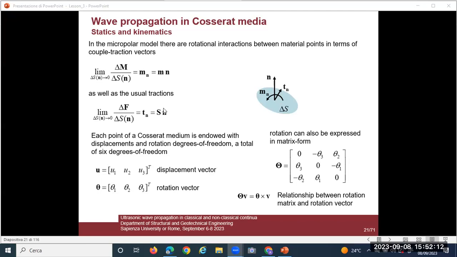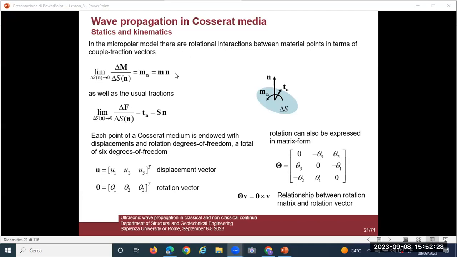But in the Cosserat continuum, you do not neglect these microcouples. A Cosserat continuum has also another characteristic.